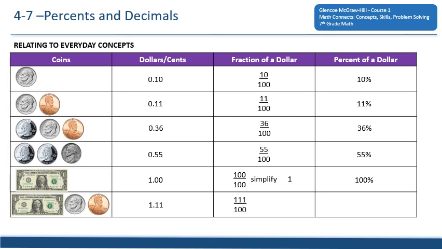So we have 1 and 11 hundredths. Or we can write that as 111 over 100. And if we simplify, we get 1 and 11 over 100. So it's $1 and then 11 cents out of 100 cents, or 111% of a dollar.